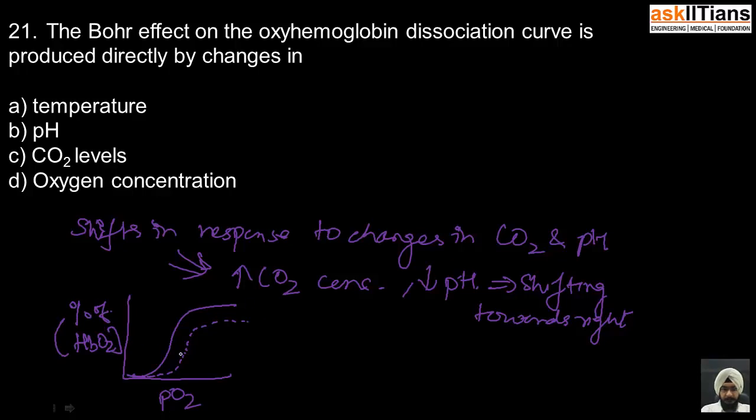So it can be a catch in the question. Based on this we'd say both the carbon dioxide concentration and decreased pH should affect the oxyhemoglobin dissociation curve. But here's the catch, so let me explain why.